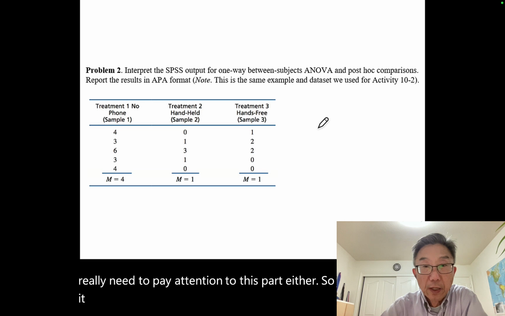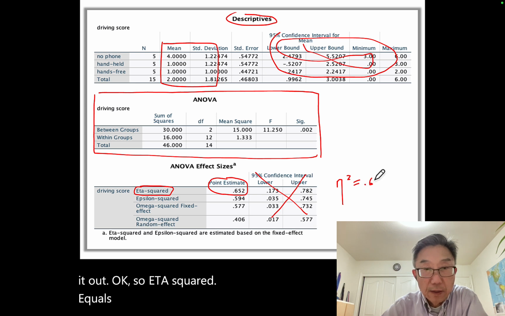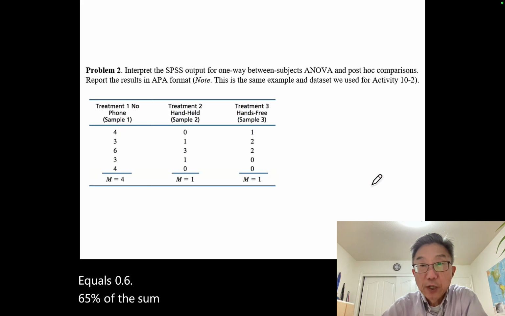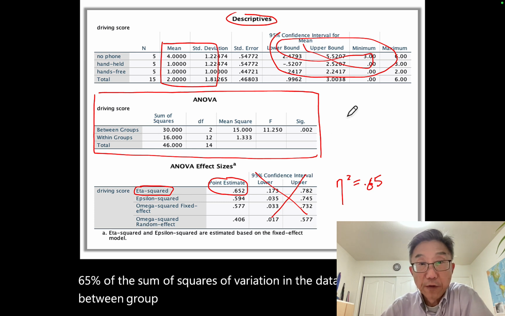Okay, so eta squared equals 0.65. 65% of the sum of squares of variation in the data is caused by between group variation. So it's a very large effect size.